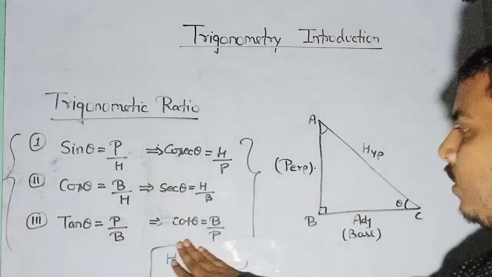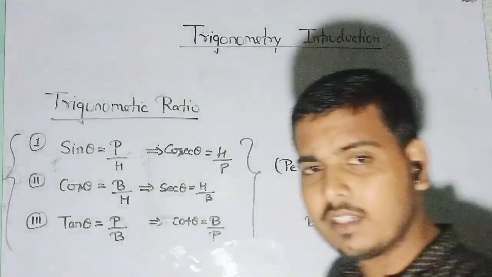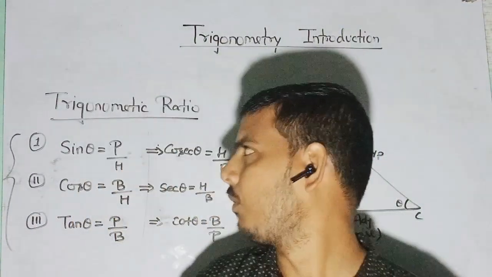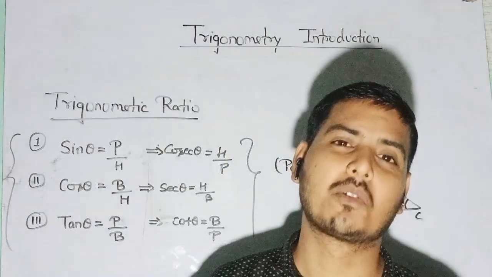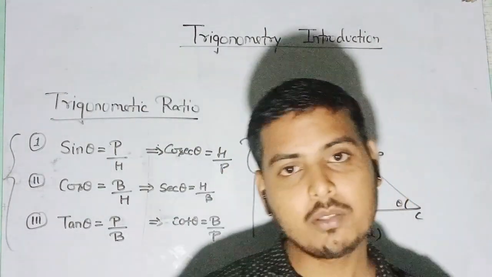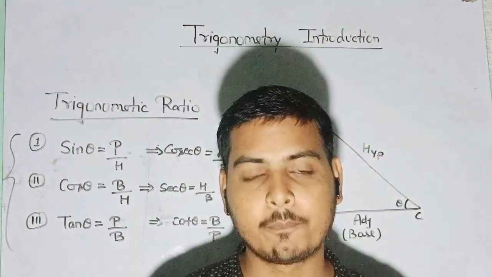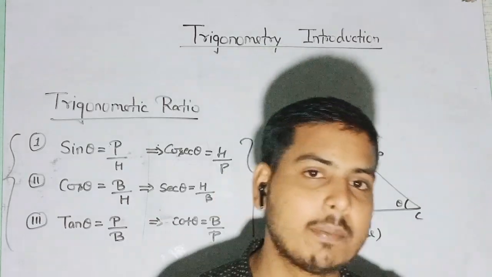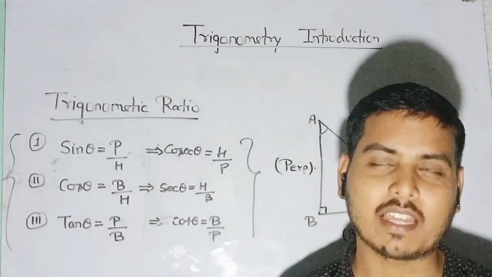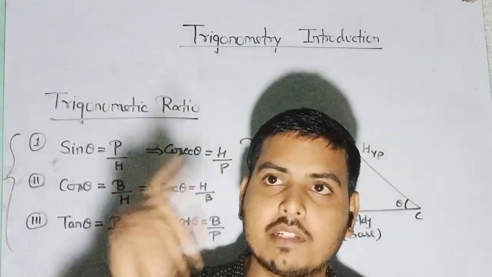A very important question will arise in your mind: why do we study this chapter, and why do we want to understand what trigonometry is? We study it because when you think about buildings in ancient or modern time, there is a height given.